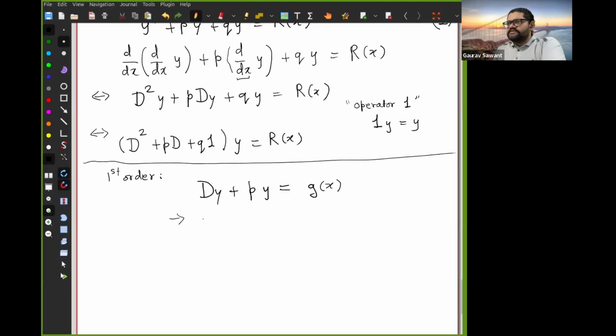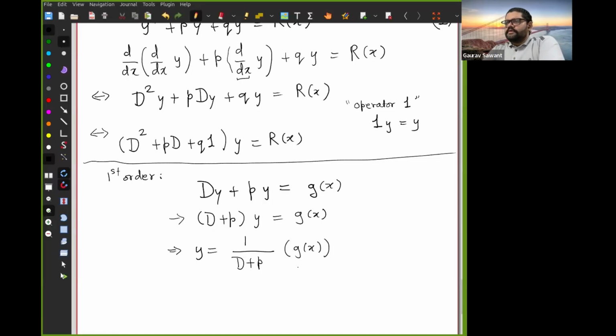Okay, so this is D plus p acting on y equal to gx. So if I have to talk in terms of operators, I would have y equal to the operator 1 over D plus p acting on gx, right?